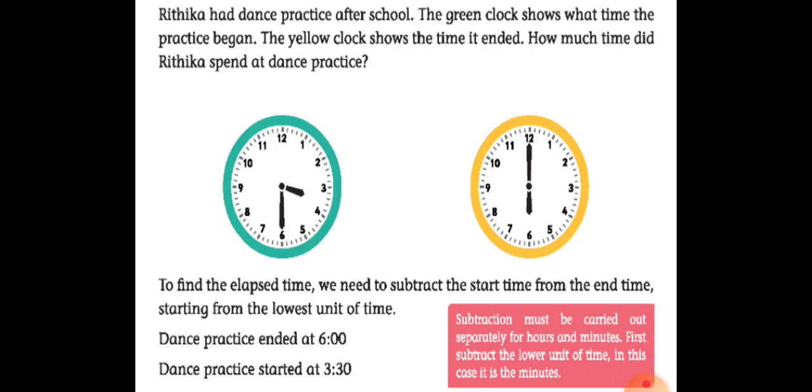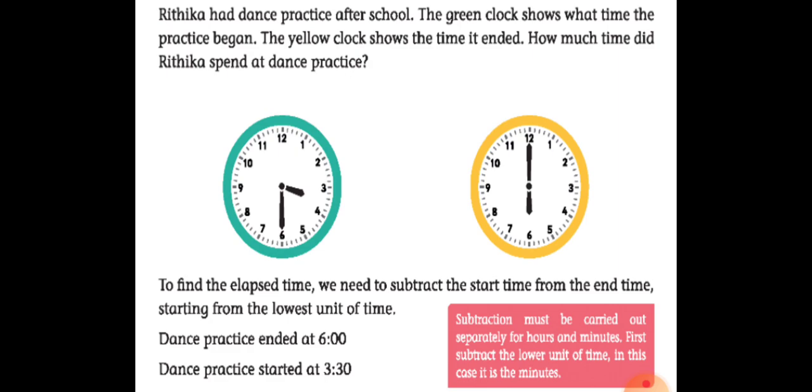So the summary of this lesson is we learned how to write the time and what is AM. AM is used in the morning, that is from midnight to noon, and from noon to midnight we use PM. And then we learned how to convert 12-hour format to 24-hour format.